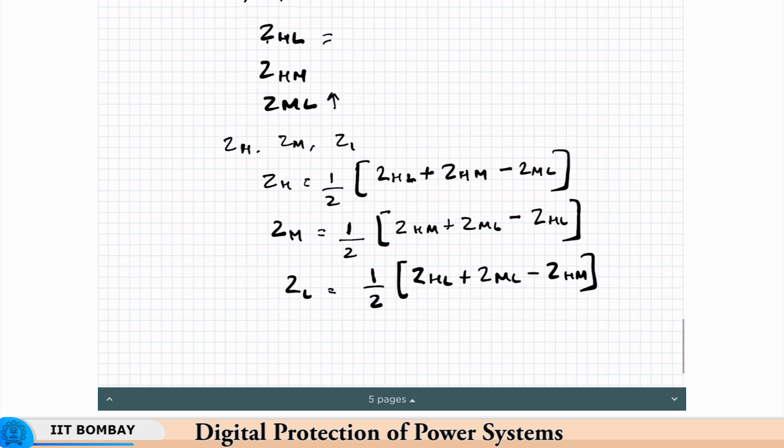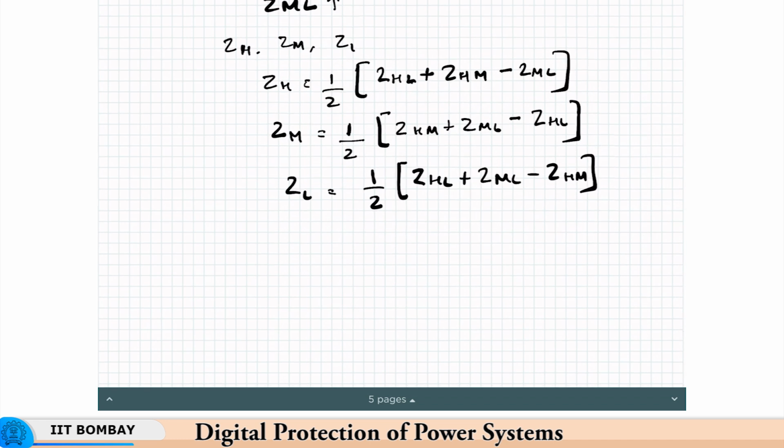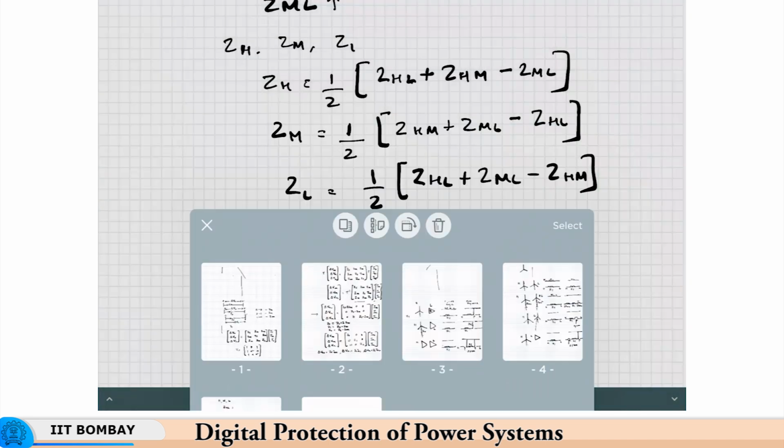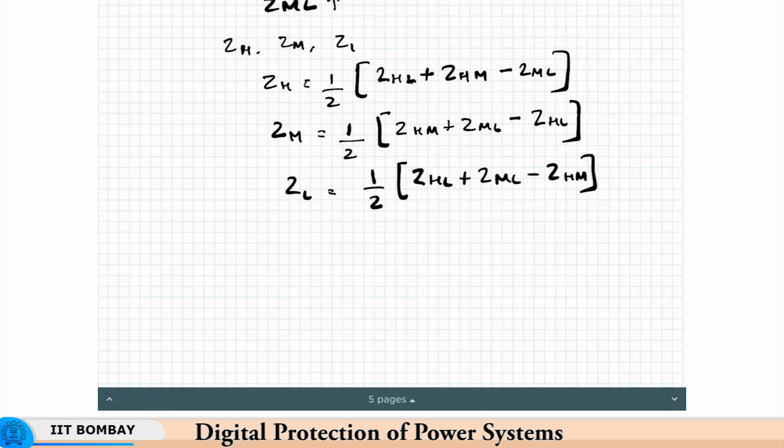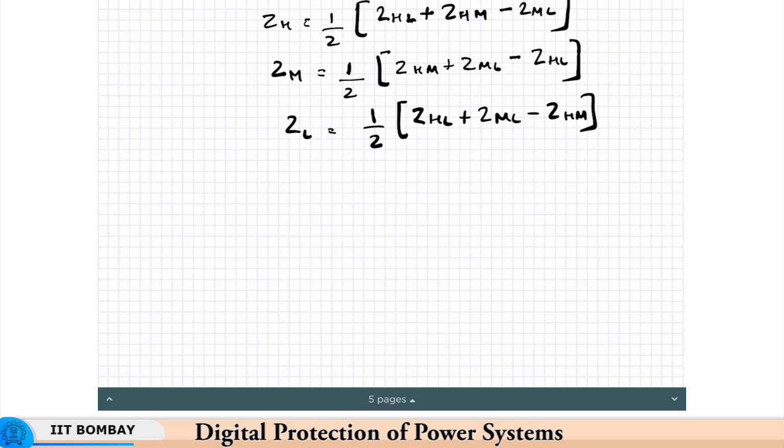Okay. And for the two winding transformer, you had the positive and negative sequence impedances represented by the leakage impedance like this. Say this is N1 or N2.